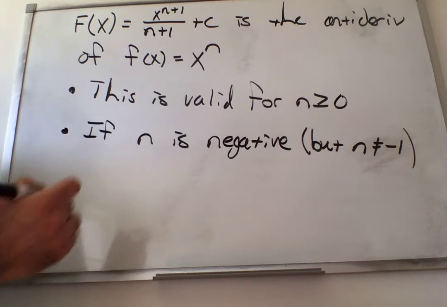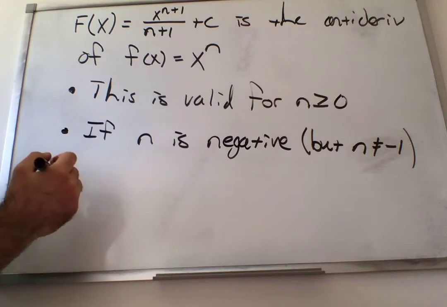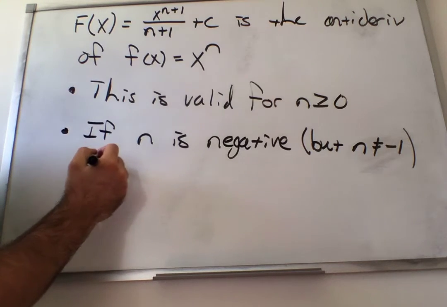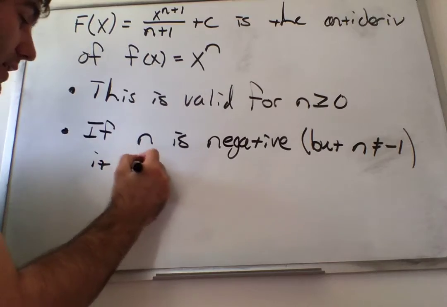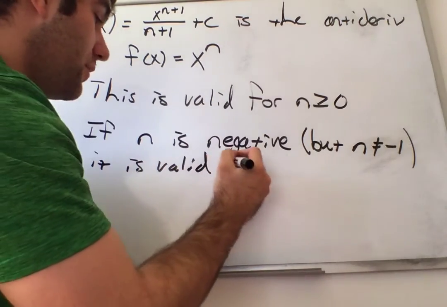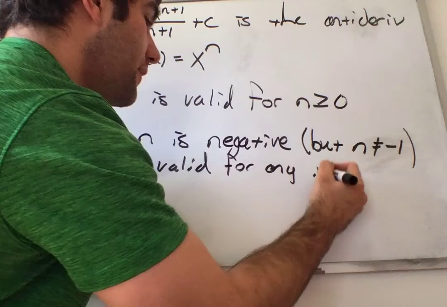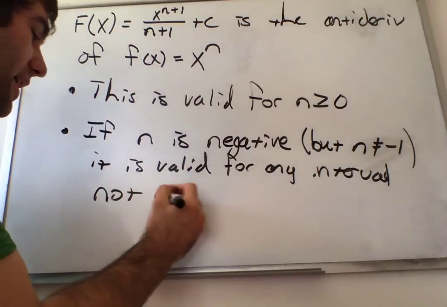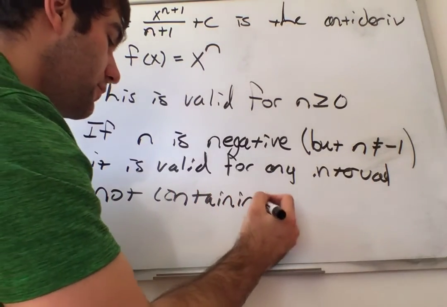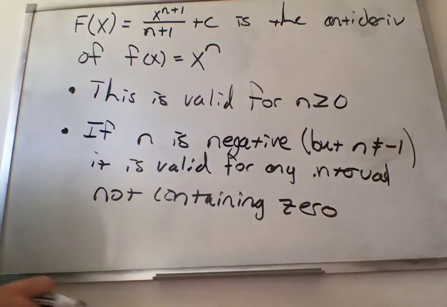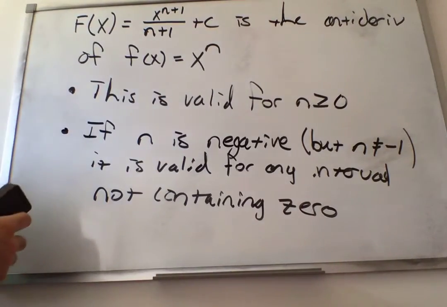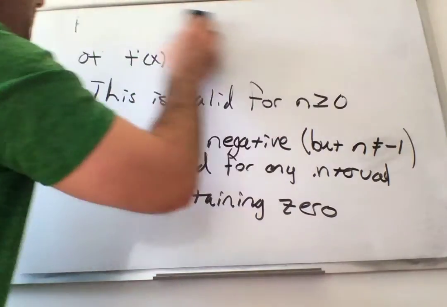So, if n is negative, but not equal to -1, it is valid for any interval not containing 0. The reason being is because when this is a negative number, 0 is not in the domain.